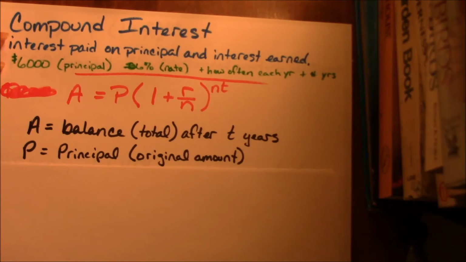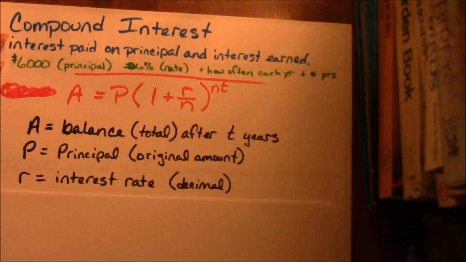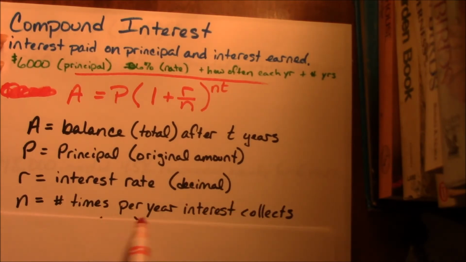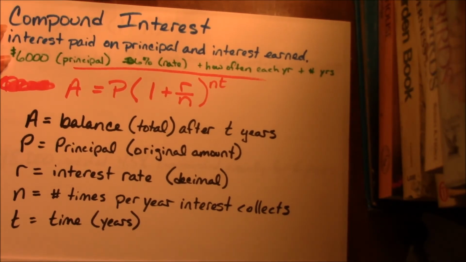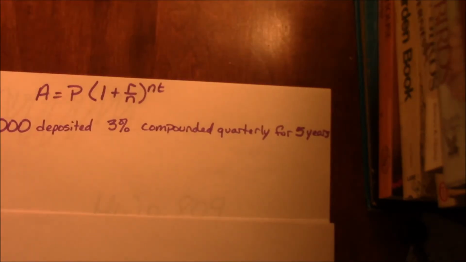P is the principal, which is the original amount invested. R equals the interest rate, and again, this is usually given in a percent, but you have to write it in a decimal. N is the number of times per year that the interest collects, and it will always tell you monthly or annually or quarterly or something like that. And T is the time, the total number of years that it will be in there.